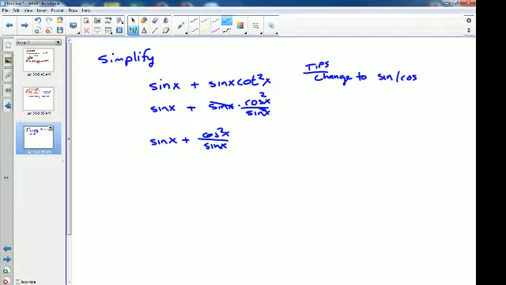Kind of. Wait, when did he multiply sine x times cosine squared x over sine x? It's plus. Okay, I got you. This is not as simple as this expression can get. Okay, so I did that on purpose.